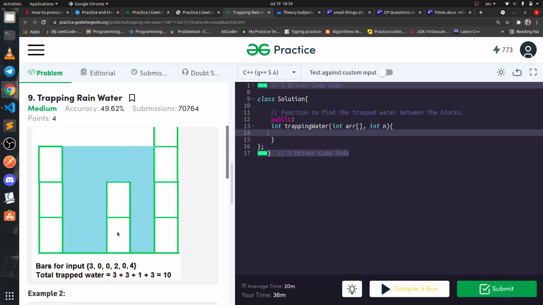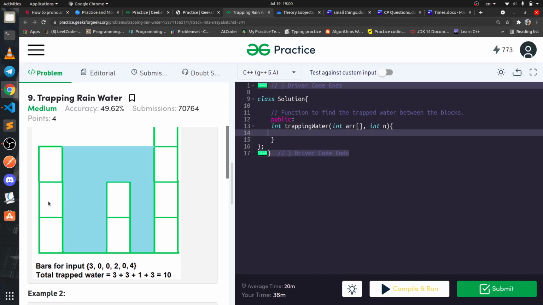The amount of water this 2 can trap is the min of 3 and 4, that is, the min of the max height on the left and the max height on the right.